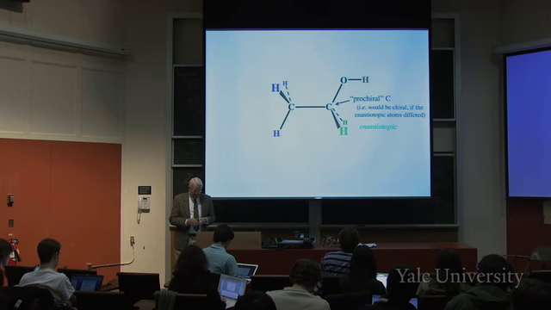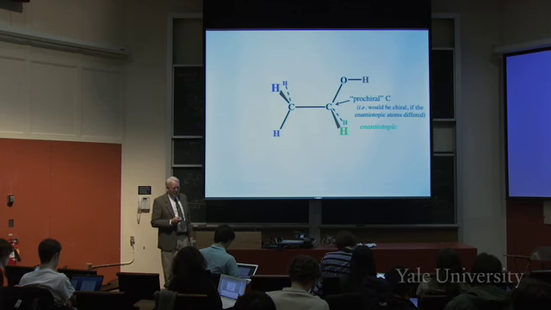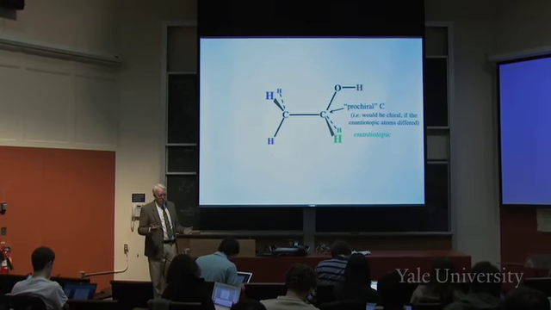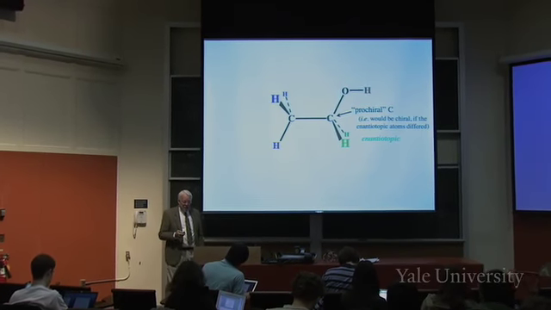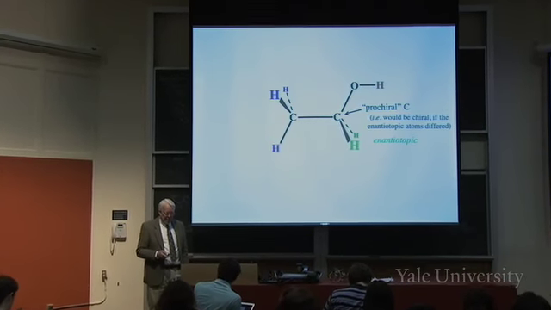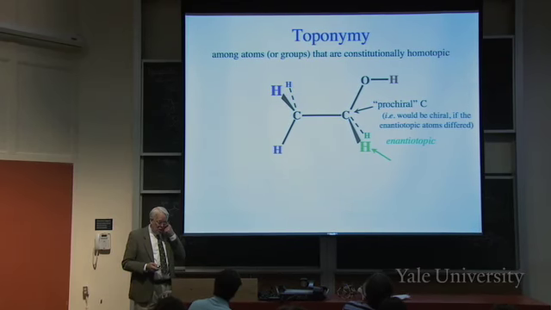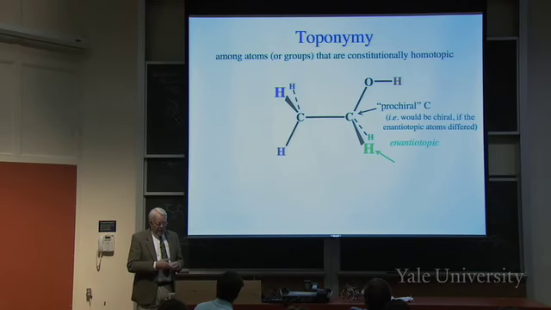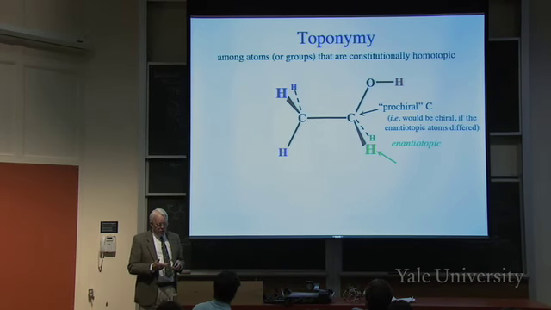So that thing is called prochiral. It would be chiral if the enantiotopic atoms or groups, it could be chlorines or methyl groups or whatever, were made different somehow. Now, in ethanol, those two green groups are enantiotopic and configurationally so.